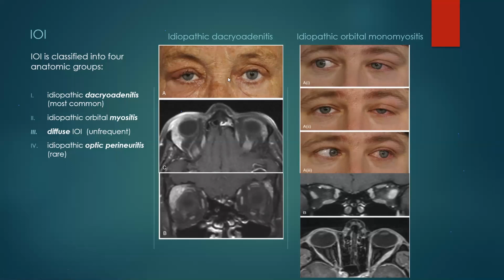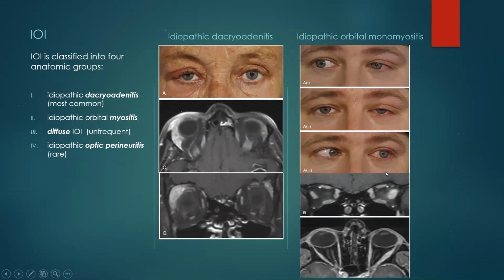As we can see here in the idiopathic dacryoadenitis, we can see swelling of the eyelid, mainly temporally near the area of the lacrimal gland with erythema. And in this MRI, we can see enhancement of the lacrimal gland with the surrounding orbital fat tissues. And the second case, the idiopathic orbital myositis, we can see there is abduction deficit here.